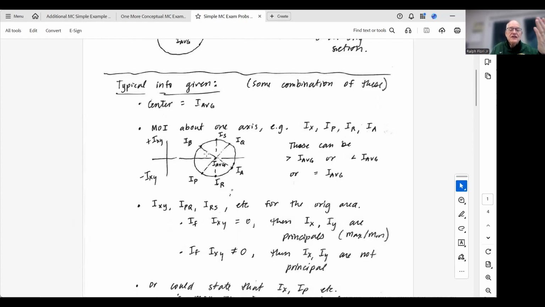It can be less than I average, which means it's on the left-hand side of the circle. Or it can be exactly equal to I average, which basically means it's either at the top of the circle or the bottom of the circle.